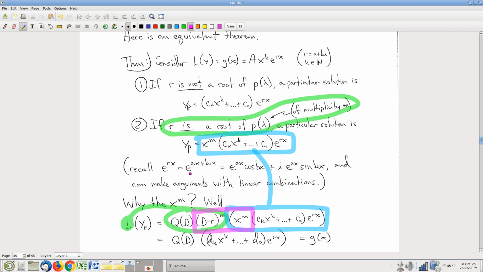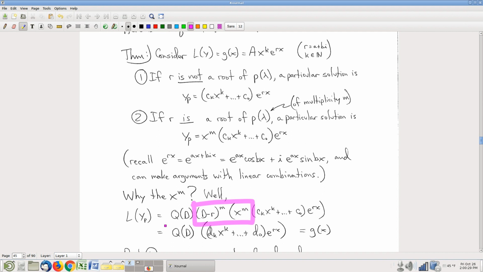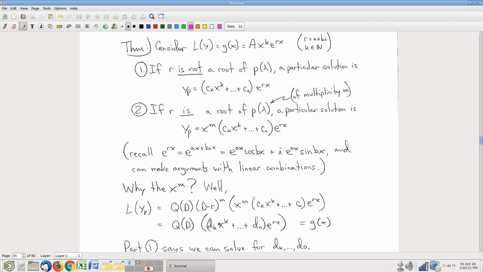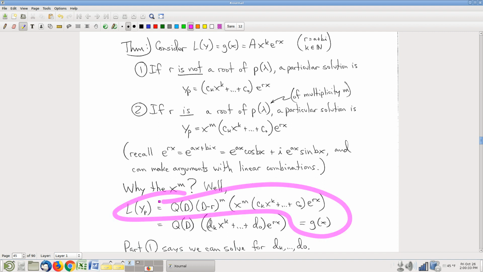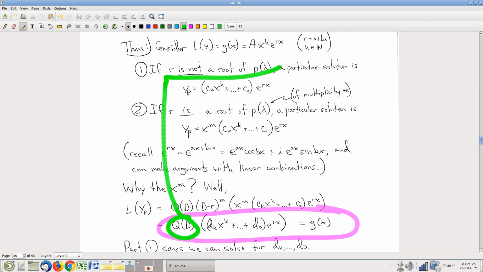That's details. The point is, the D minus r's kill the x's, thus giving you, instead of this differential equation to solve, this differential equation to solve. Notice that r is not a root of this polynomial, right? All of the factors of D minus r we already pulled out.